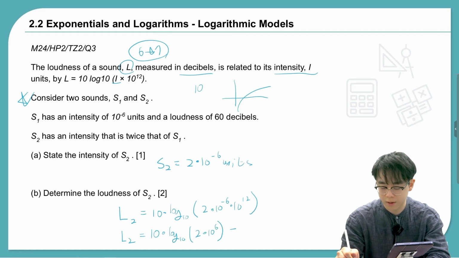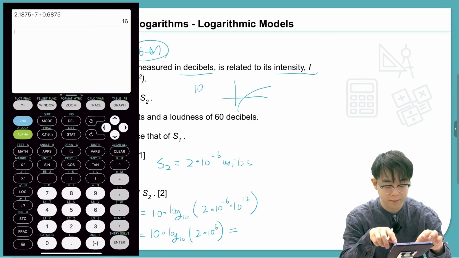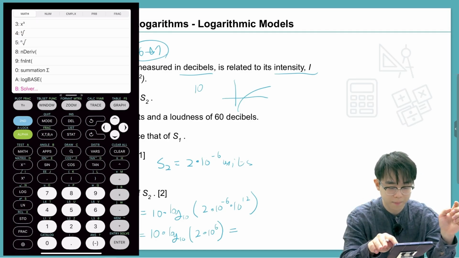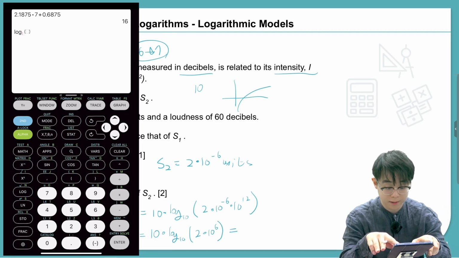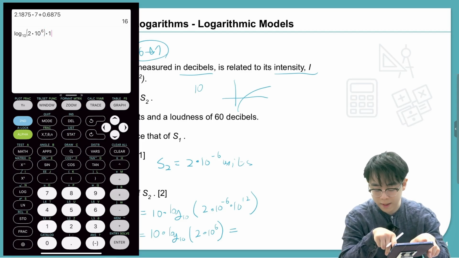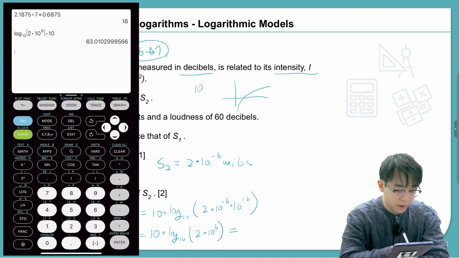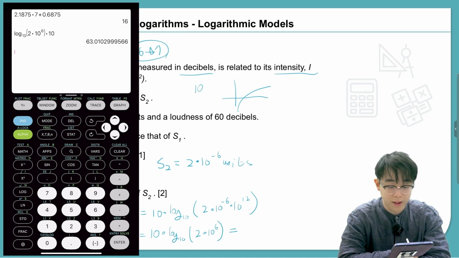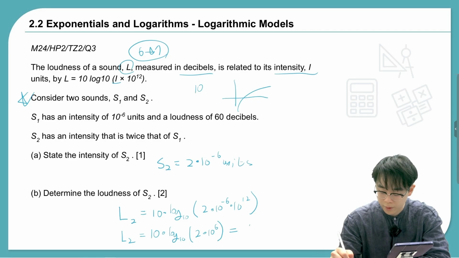If we go to our calculators, what does that give us? We go to math, log base 10, and we have 2 times 10 to the 6. And to that, we multiply by 10. That gives us 63.01, or around 63.0 decibels.